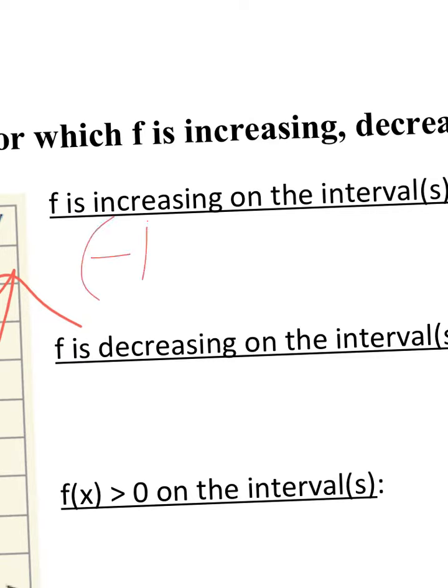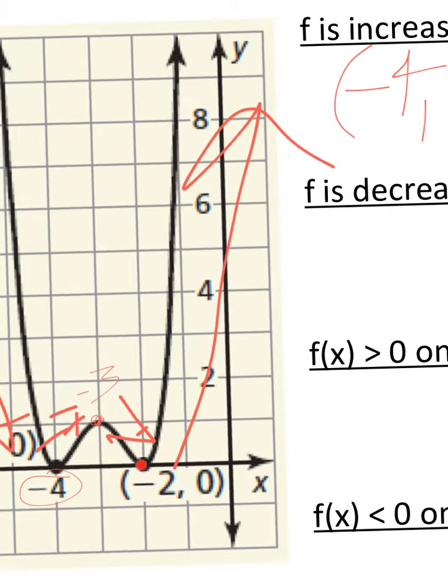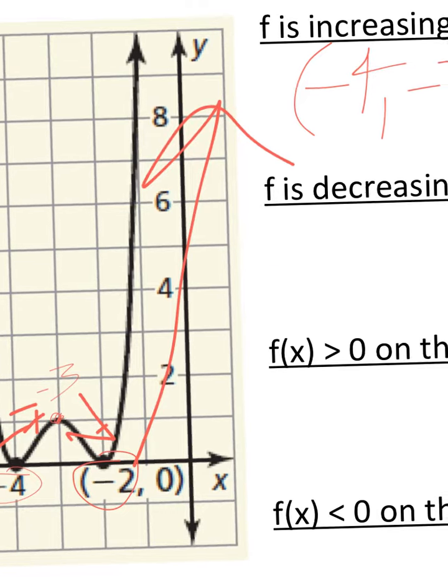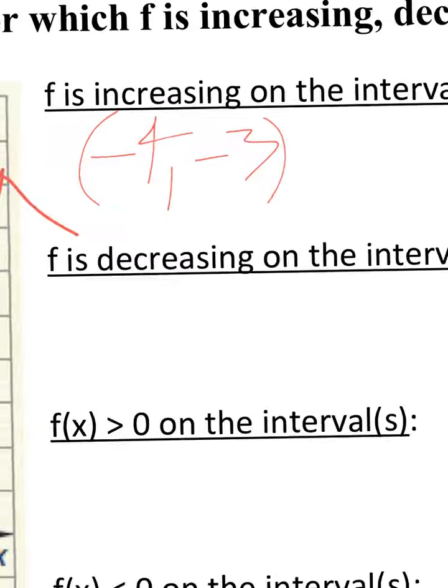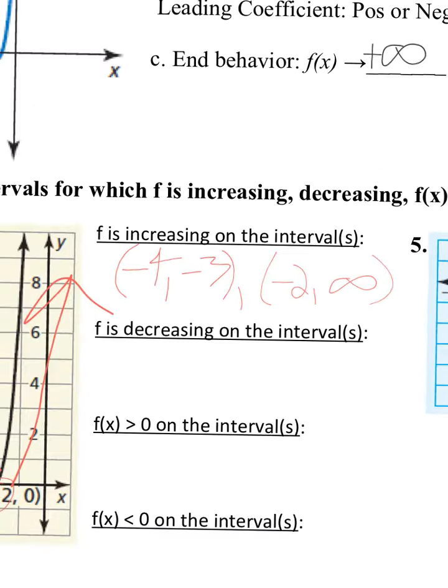So I'm going to write -4, comma, -3. And then I'm going to look at the x values of the next increasing one. So -2, and then it's going up and to the right. You know, you just read these from left to right. So it doesn't matter if it's going up. It just matters if it's going to the right or left, and it's going to the right. So it's going from -2 to positive infinity. Because that's going to the right. So -2 to positive infinity. And that is the increasing intervals.